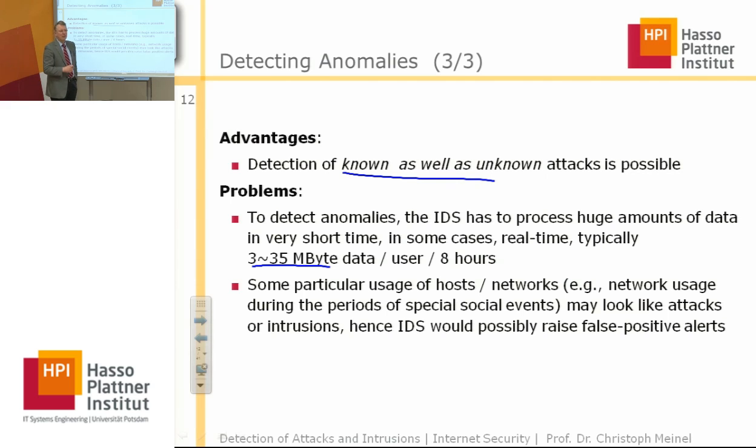Some particular usage of a host or a network may look like an attack, but is not an intrusion. In this case, an intrusion detection system based on anomaly detection raises a false positive alarm. What is such unusual behavior?